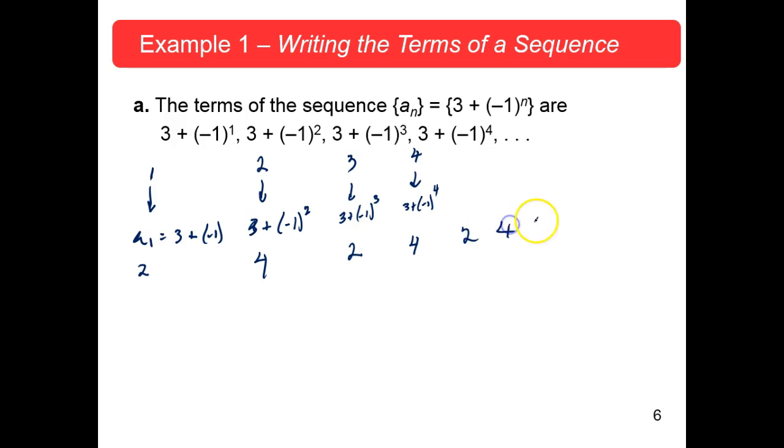2, 4, 2, 4, 2, 4, 2, and so on. Okay, it goes on forever that way. This is a sequence: 2, 4, 2, 4, 2, 4, 2. Okay, that's it. Now, that is the definition of your nth term.